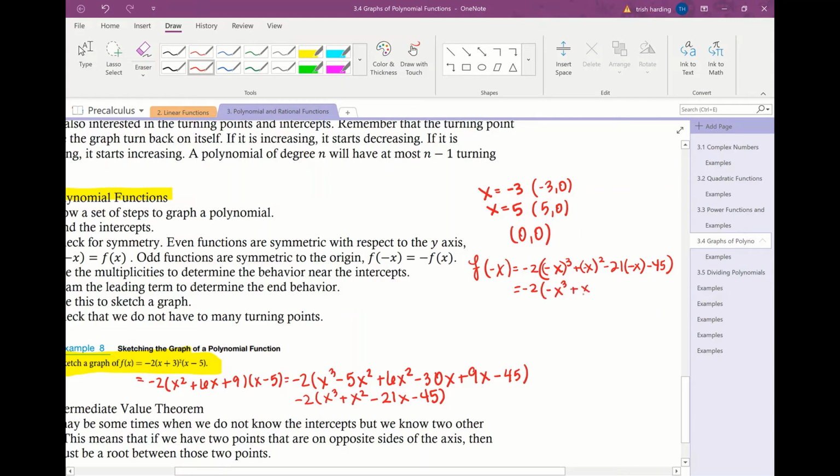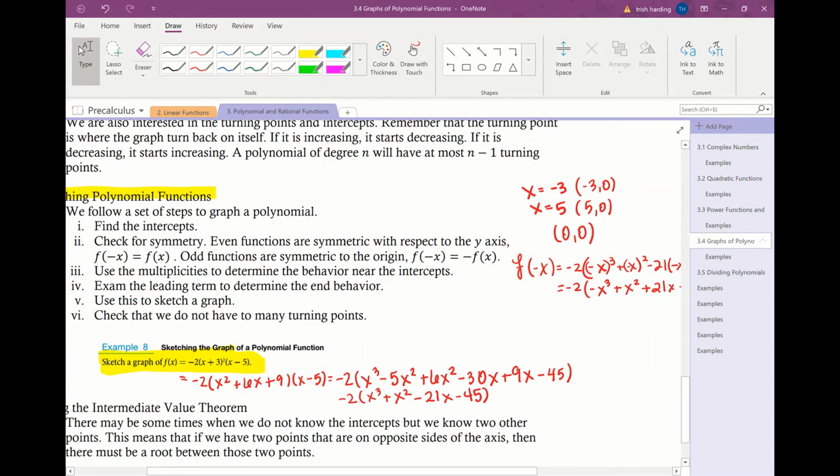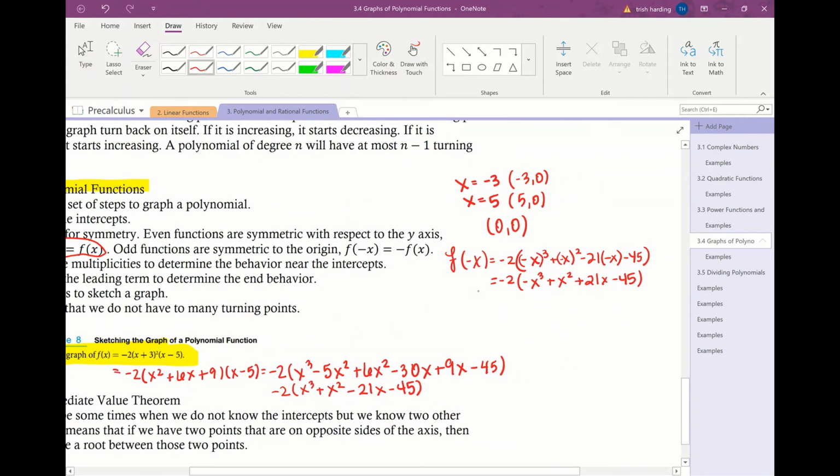An even power, you can drop the negative. Now remember, if it's going to be symmetric with respect to the y-axis, this has got to equal our original equation. This doesn't look anything like our original equation, right? So we're going to move on, and we're going to see what this looks like.